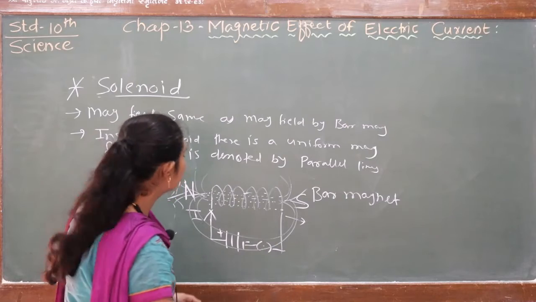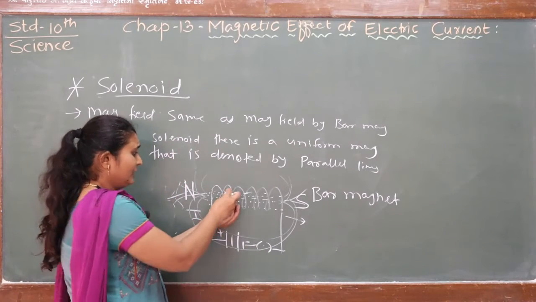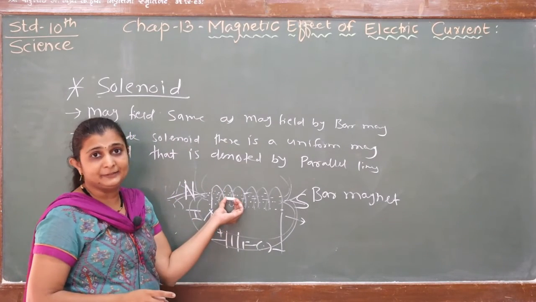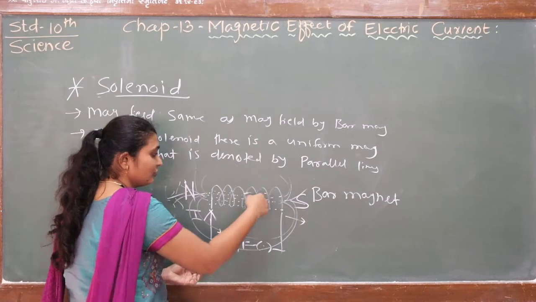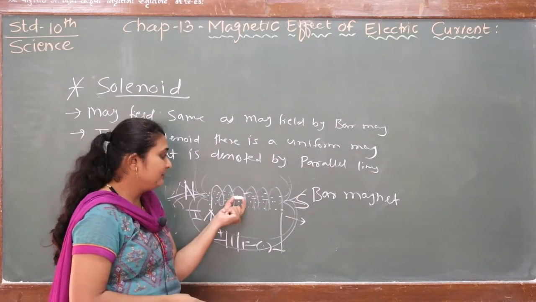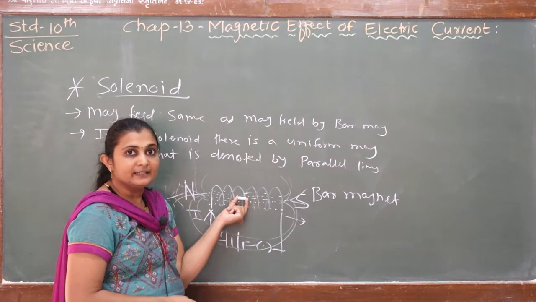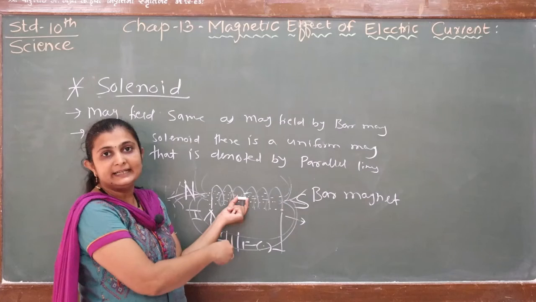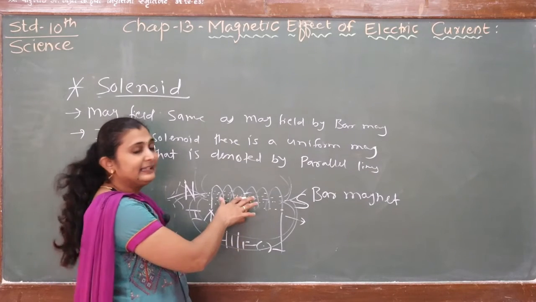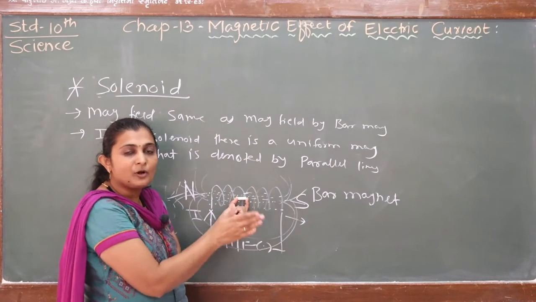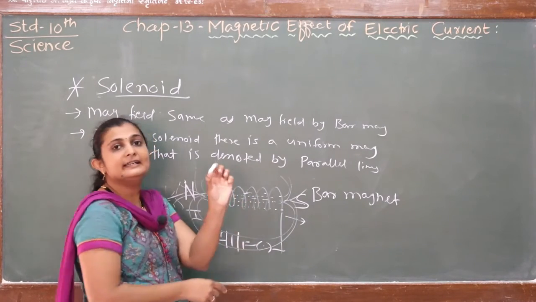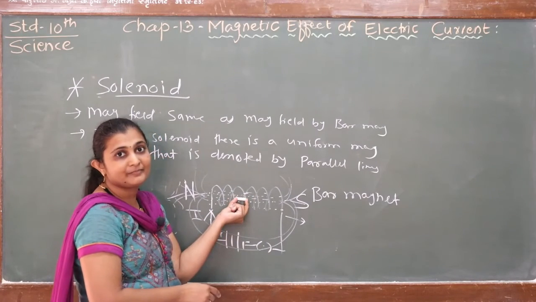Now inside the solenoid, if you put some iron in the hollow space, then what happens? This iron gets magnetized. Means magnetic properties are induced in this iron piece. Understood?